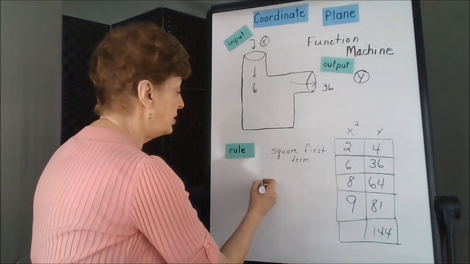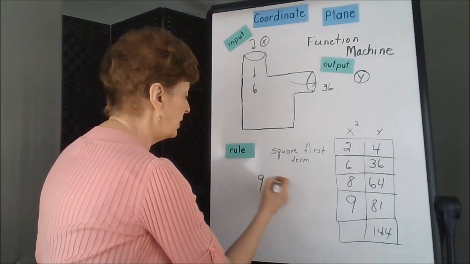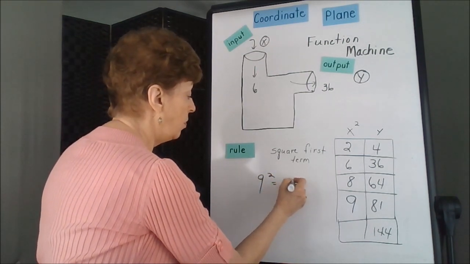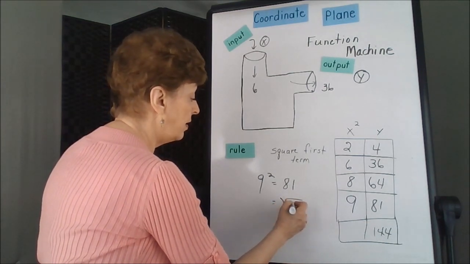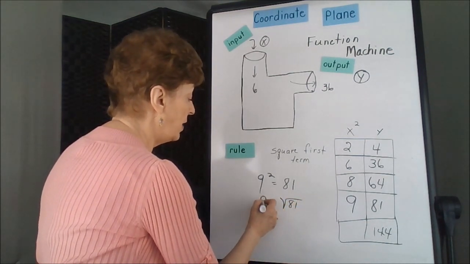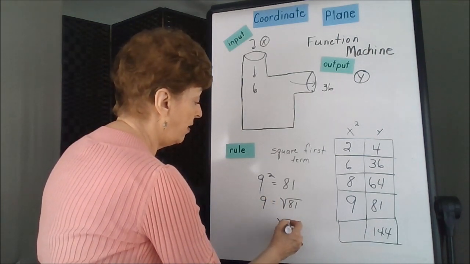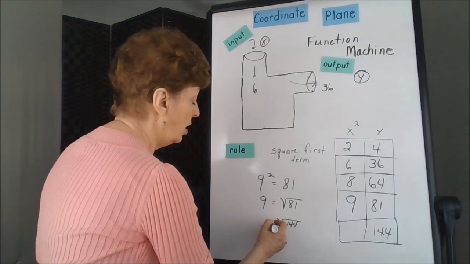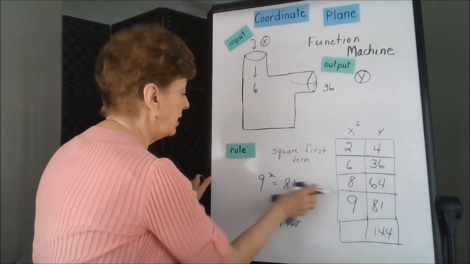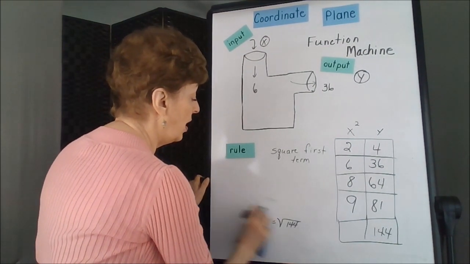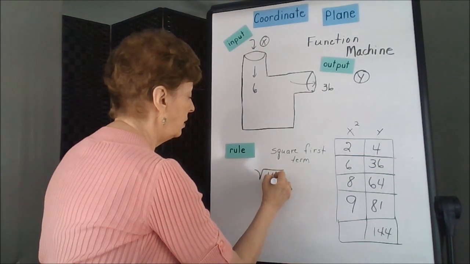So we would have to take, let's do this one. 9 squared is equal to 81, but you can also say that the square root of 81 is equal to 9. So if we were to take the square root of 144, we would now get our x.